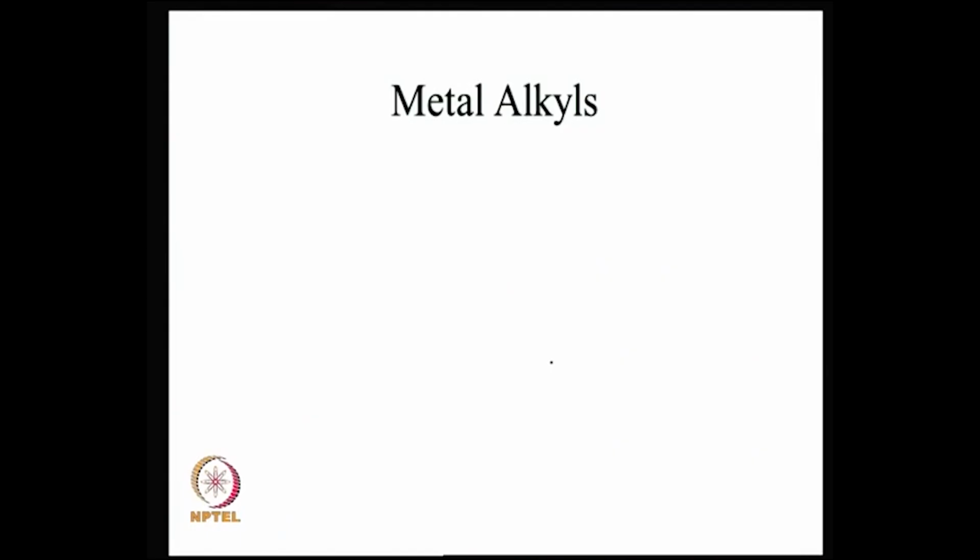So, we will group all of these moieties together as alkyls. So, if you have an M-R bond, what would be the chemistry of that bond and how does it behave? These are the things that we are going to talk about today.